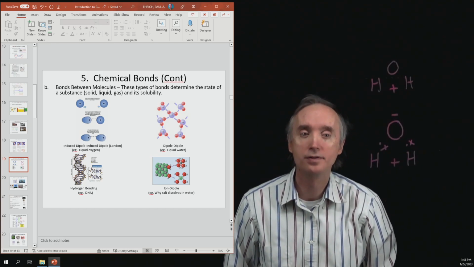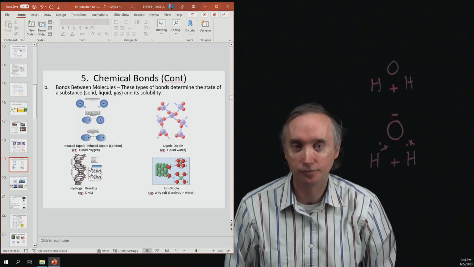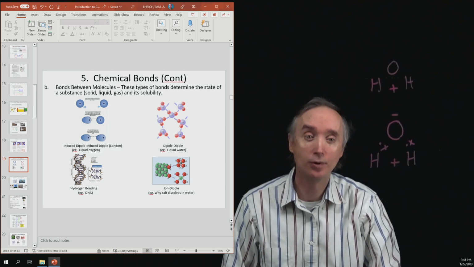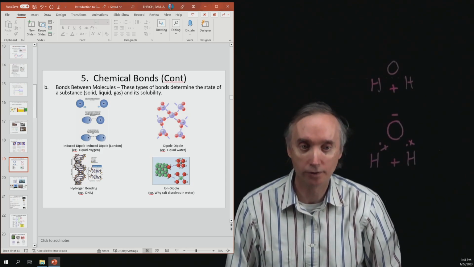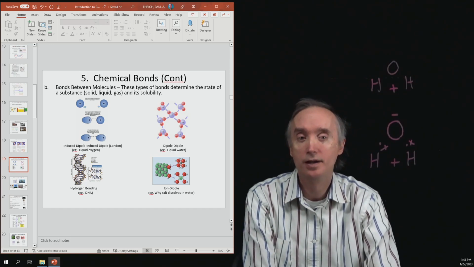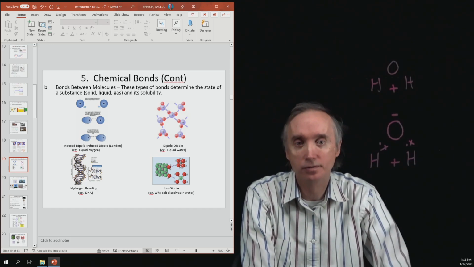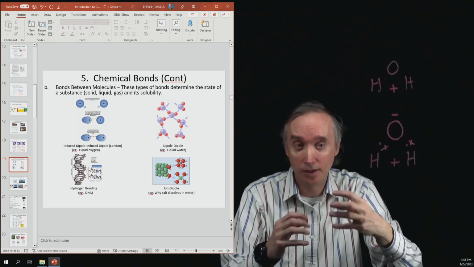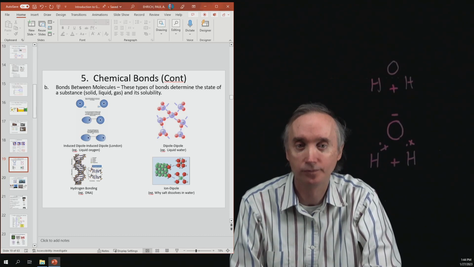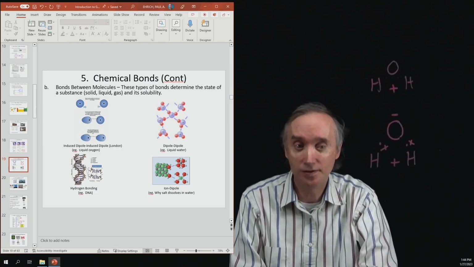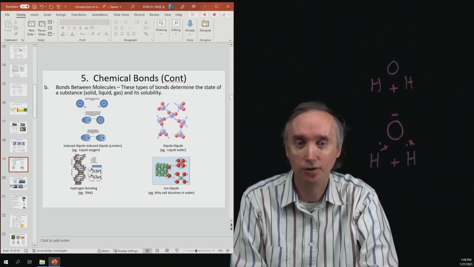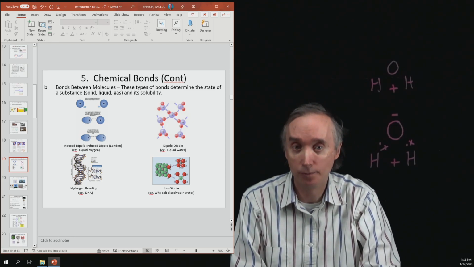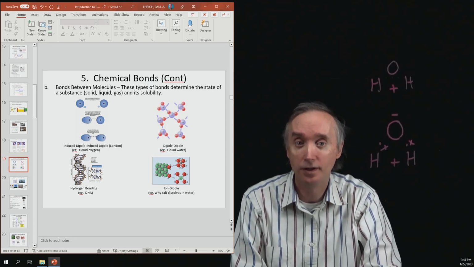So water sticks to itself, and that's how we make liquid water. So liquid water is going to be when you have clumps of individual water molecules that are sticking together because they have opposite charges.